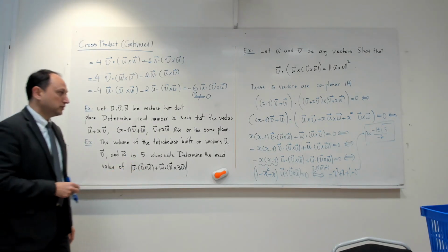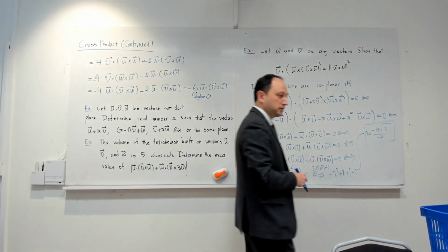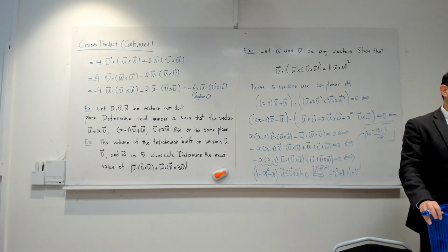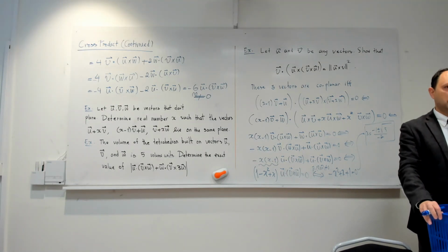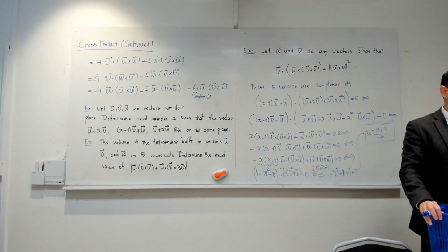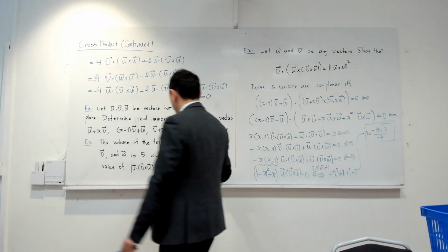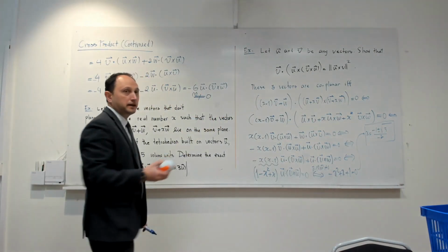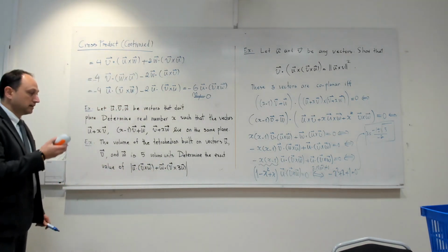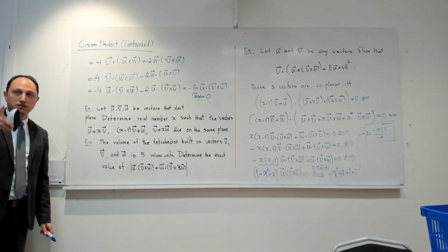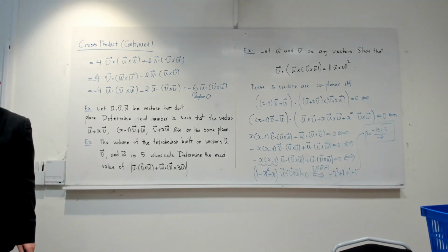So do you remember what was the formula for the volume of the tetrahedron? It's a pyramid, so the formula is the area of the base multiplied by the height divided by 3. But if you remember, I found another formula for you using the triple product. The difference was that the coefficient, instead of being 1/3, is 1/6.